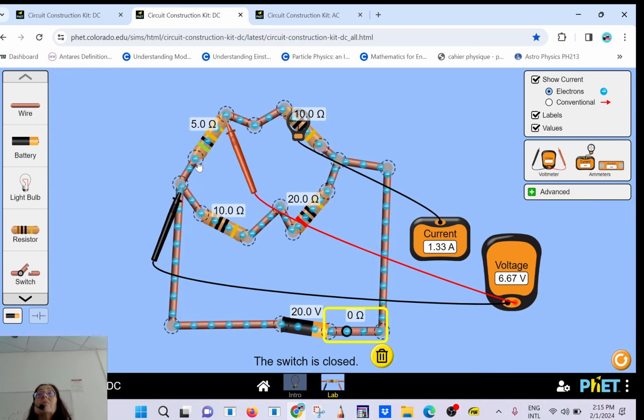So I RMS equals 1 over square root of 2, actually I'm going to simplify to 0.7, times the peak value, and the same for V RMS. Those two you can use for Ohm's law. V RMS equals 0.7 V peak.